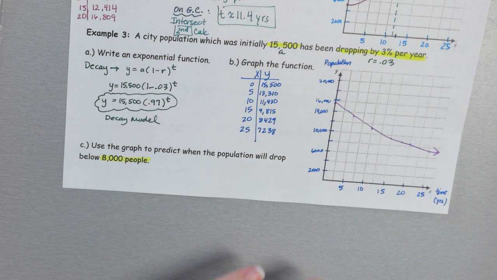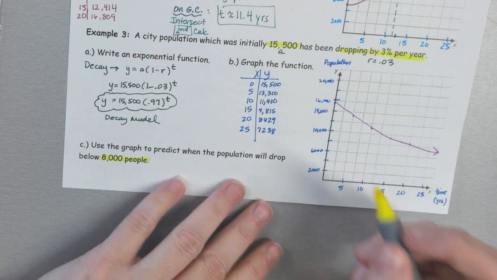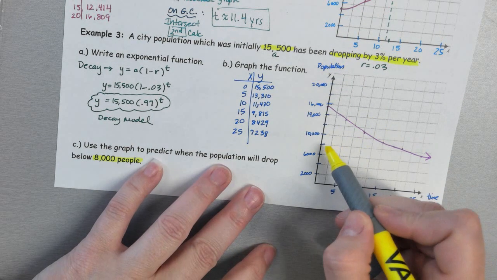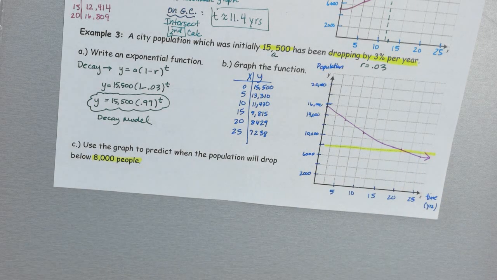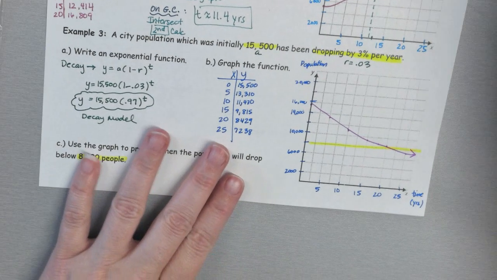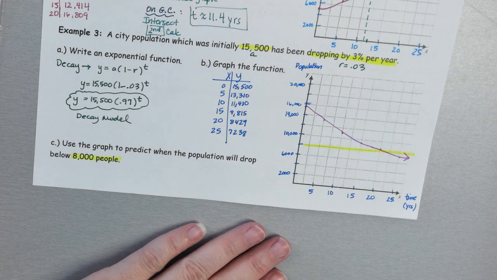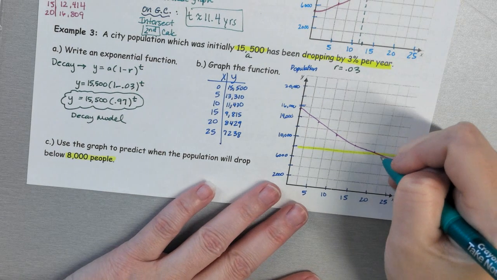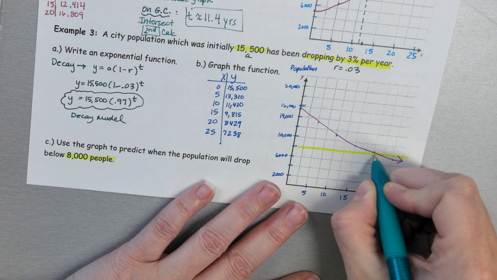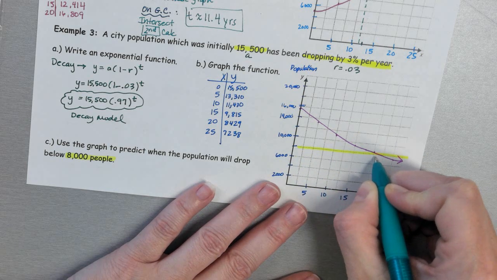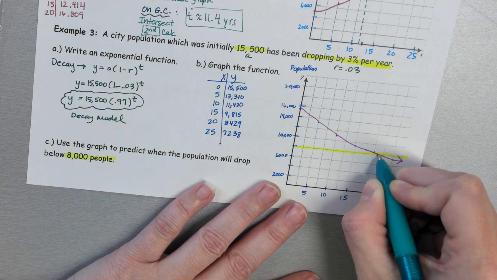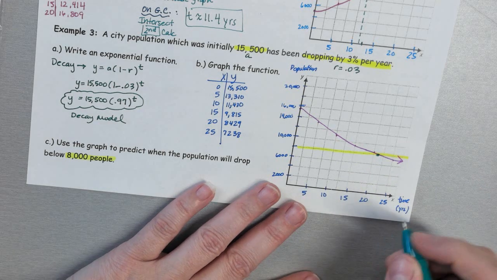When I want to use the graph to predict when the population drops below, I'm just going to put a line right here at 8,000, and I'm going to find that intersection. Okay, so I know the marker is thick, but it's right on this line here. So mine looks like it's about right there if I'm using that gray line.